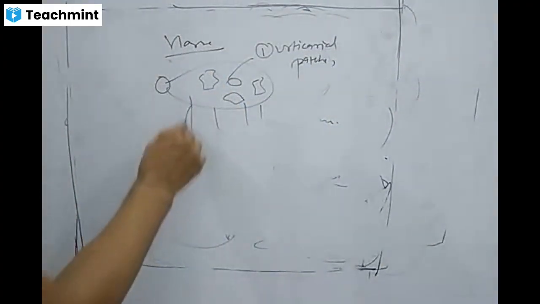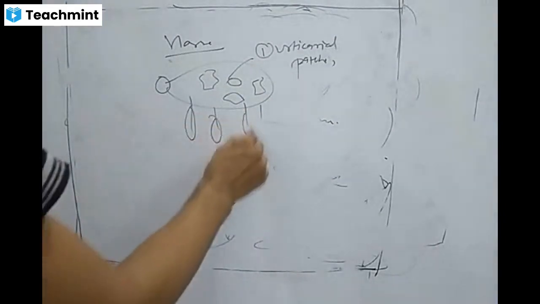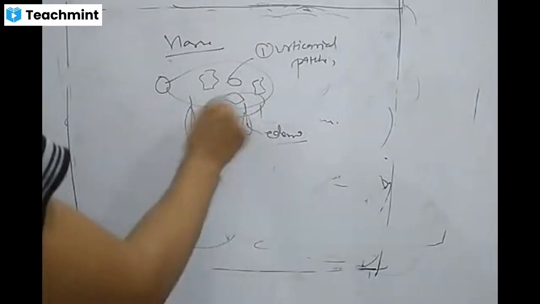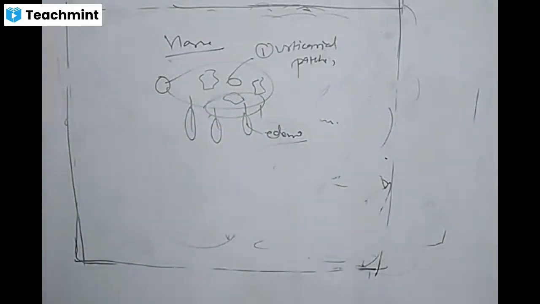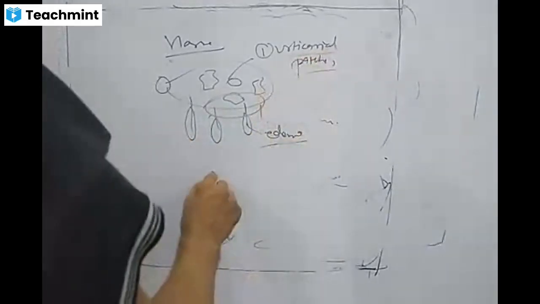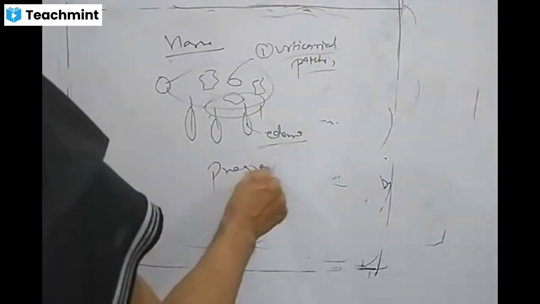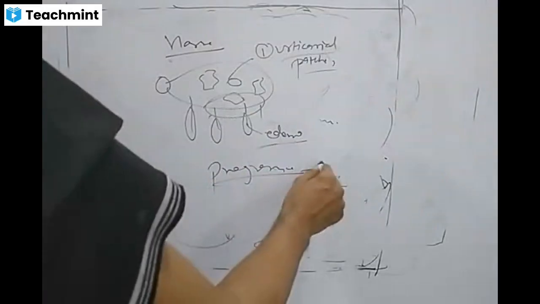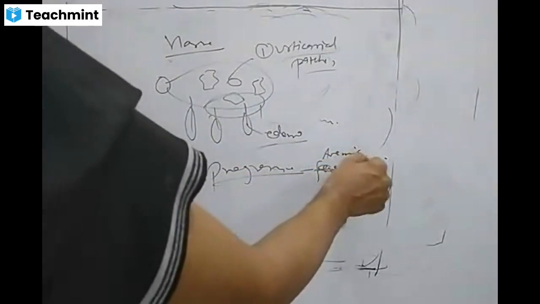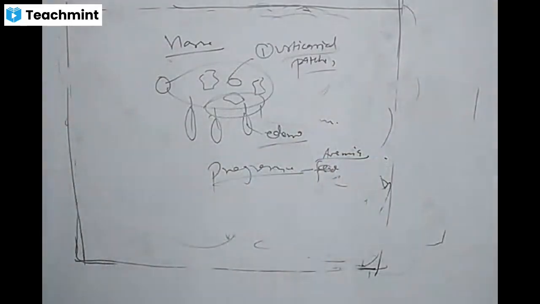The second thing in the horse is edema of the legs, this lower part and this lower part. That may lead to lameness. More important is that it is progressive anemia, and intermittent fever is common in all.